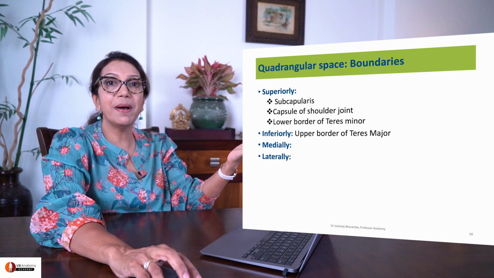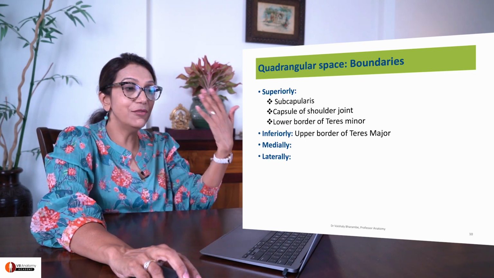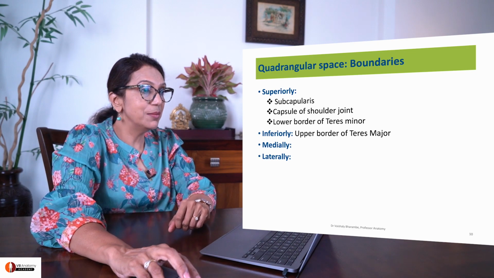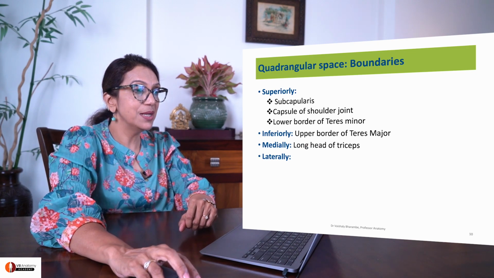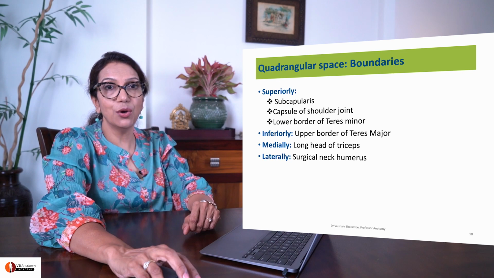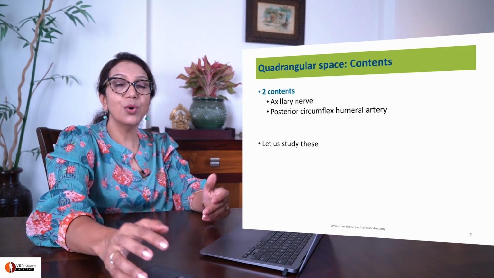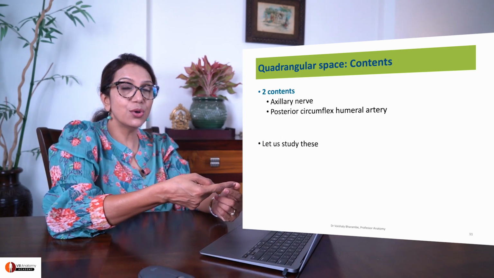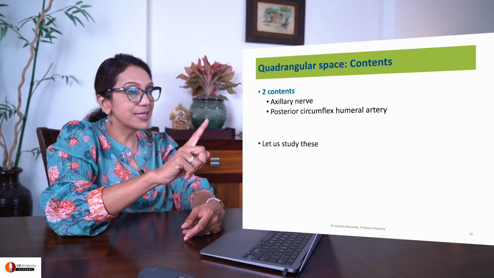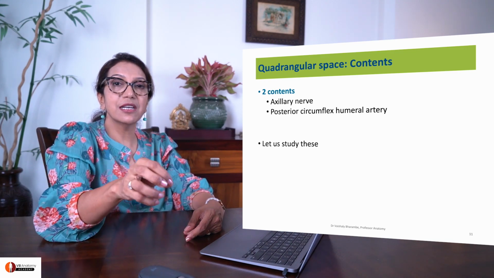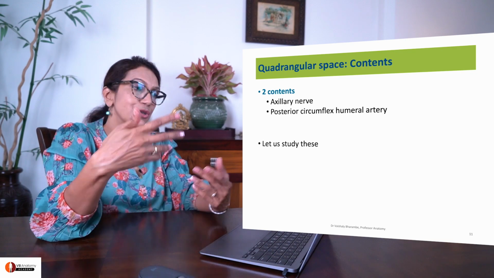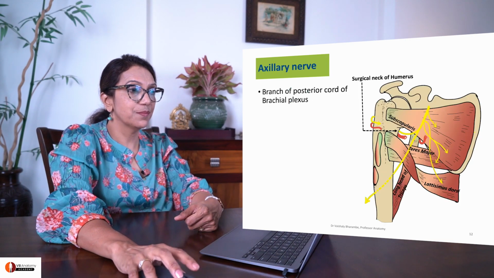You can always go back to the diagrams again if you are not able to understand this. Medially formed by long head of triceps, laterally formed by surgical neck of humerus. So what are the contents? You already saw there are 2 contents, the axillary nerve and posterior circumflex humeral artery. So let's study the contents.